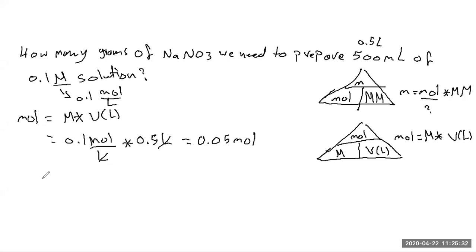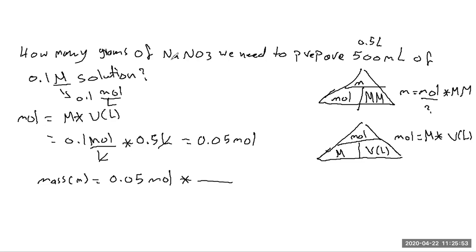The next step, we will calculate the mass, m, equal to what? The mole, 0.05 mole, times the molar mass. Which one you will put in the top? It will be the mass.